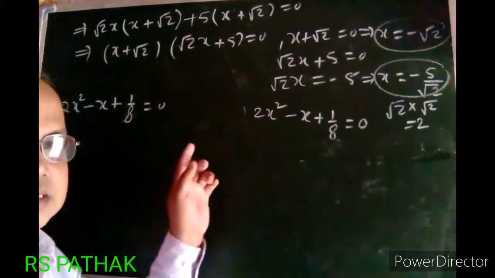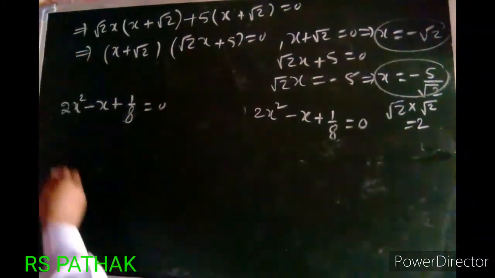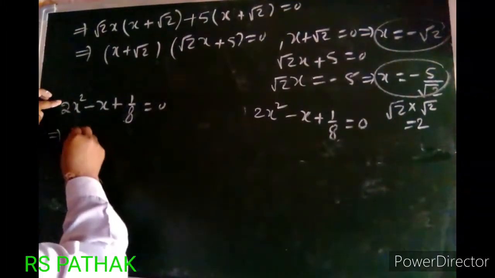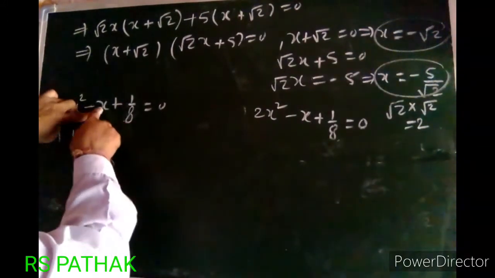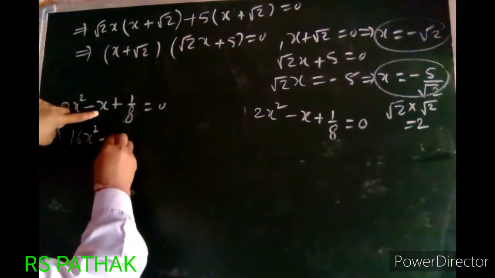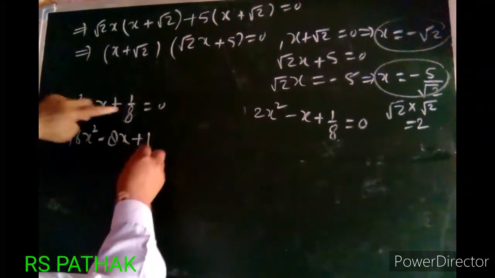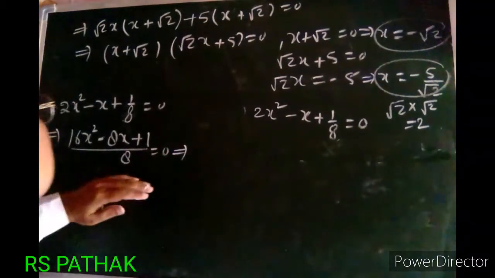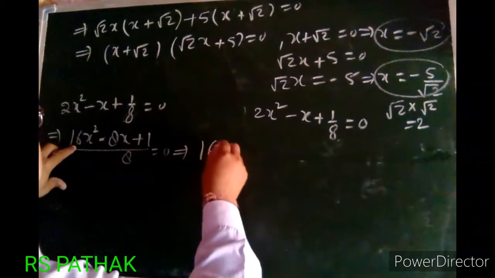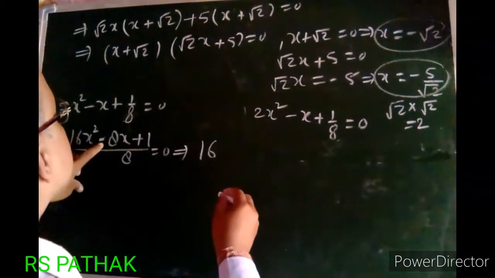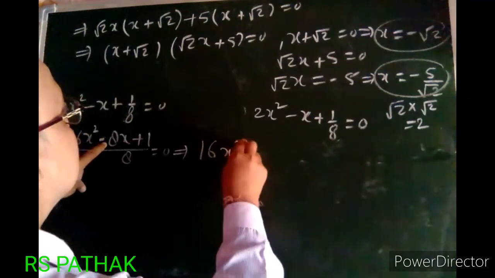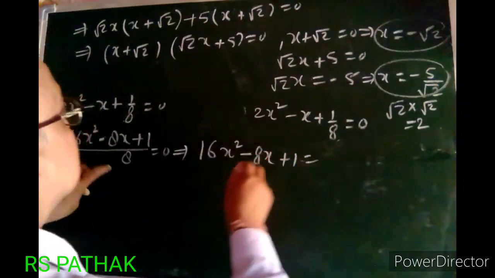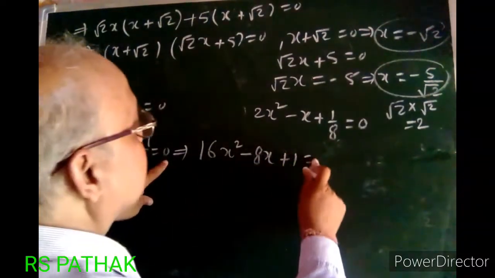First of all, you should simplify it. 8 will be multiplied here, 16x², minus 8 will be multiplied in minus x, minus 8x, this plus 1 upon 8 equals 0. I can write it as 16x² minus 8x plus 1. 8 will be multiplied to 0, the result will be 0.